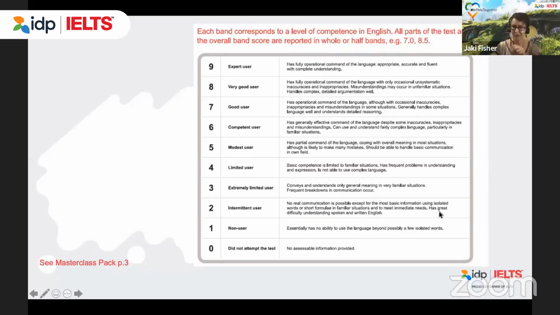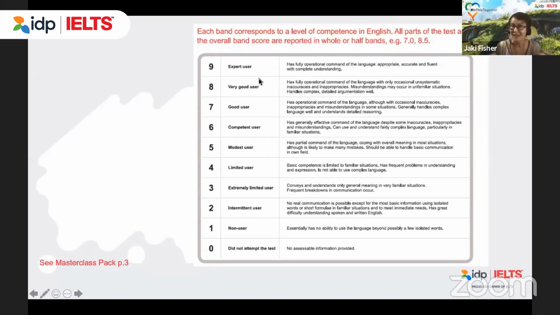Okay, so I see a lot of 7s and 8s. Okay, some 6.5s. So what does that mean, these numbers? So 7 is a good user of English and 8 is very good. Yeah, 6 is competent. In IELTS, there's no fail, actually. It's just whatever band score you need. Interestingly, there's no perfect 10. It's perfect 9.